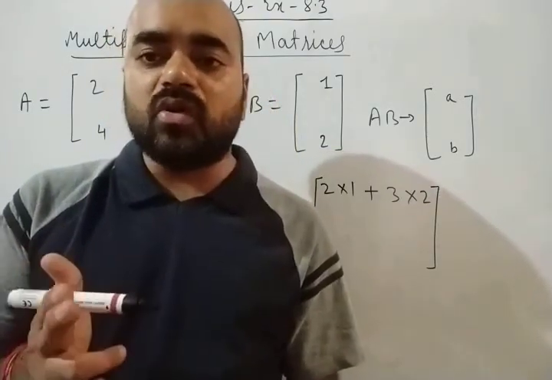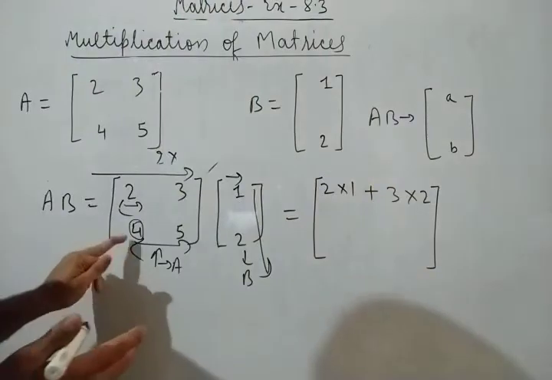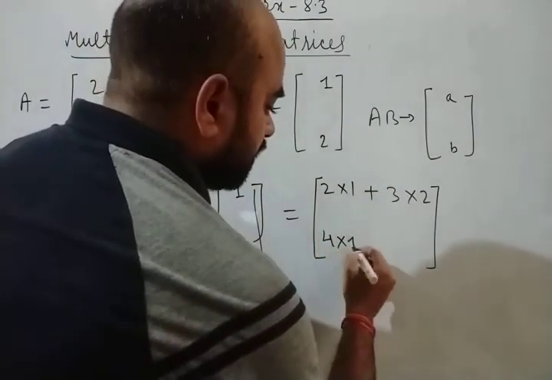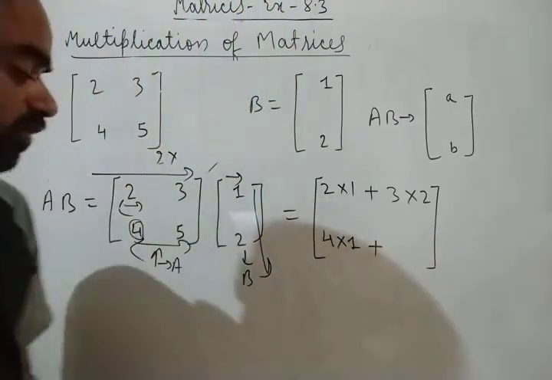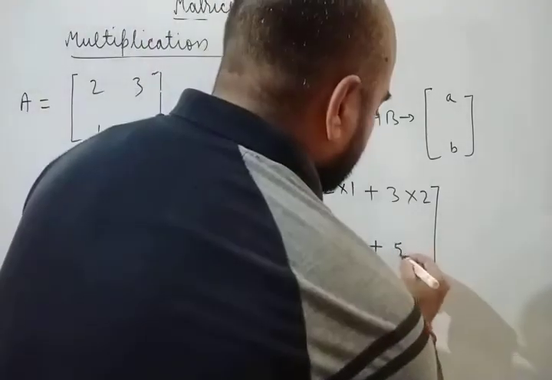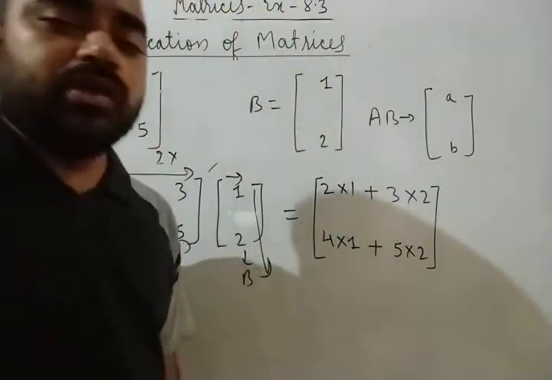This is called corresponding. So the first element is 4, the first element here is 1, it means 4 into 1. Then we add, as I have already told. Then the second element is 5, and the second element here is 2, that means 5 into 2.